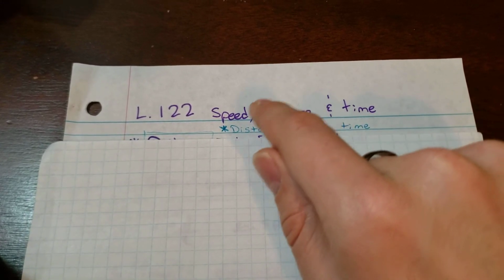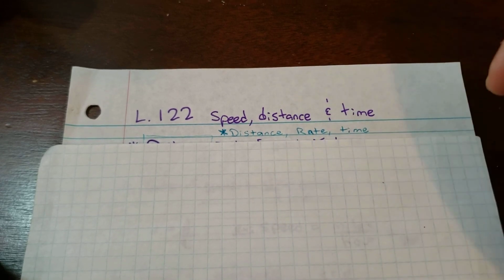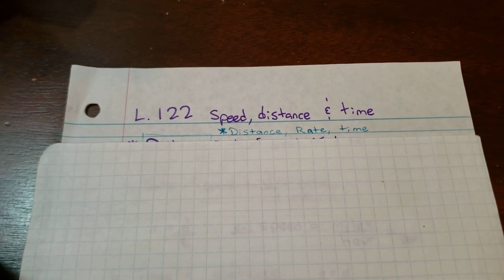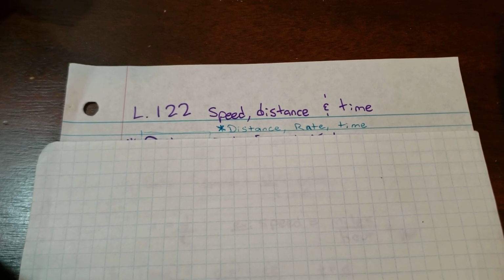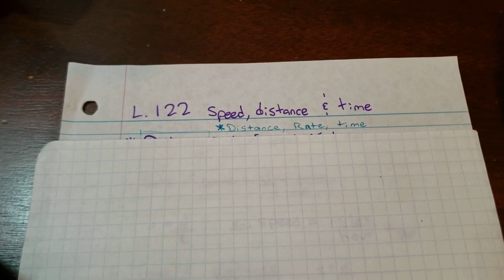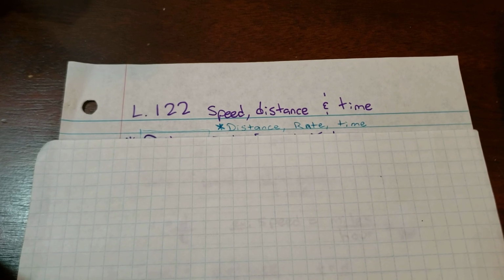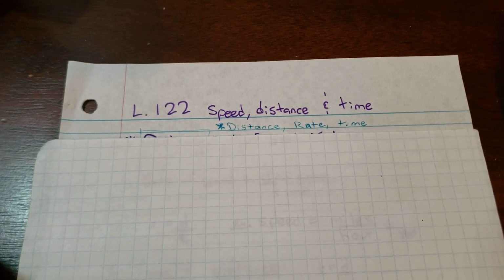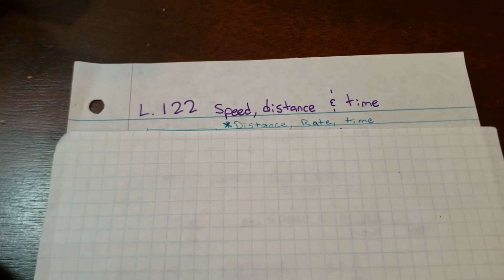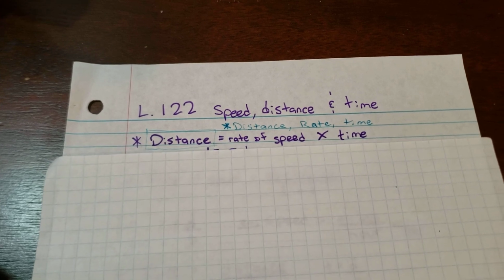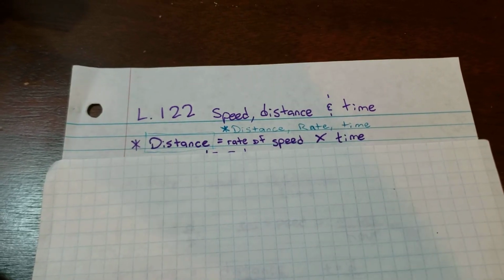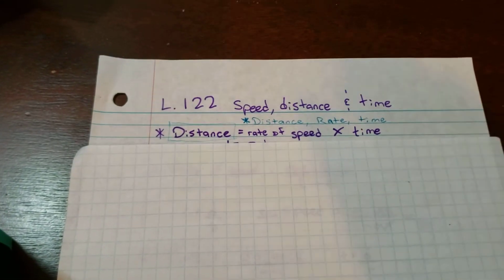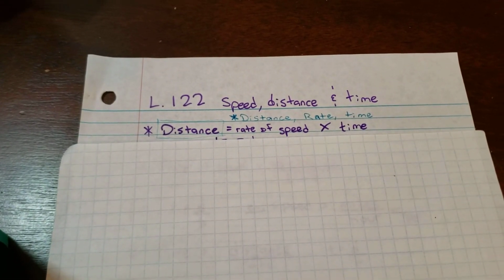Now, we're going to talk about each of these differently, but it's the same kind of home formula, if you will. Then we just multiply or divide differently in order to find what we're looking for. So if we're looking for distance, distance equals our rate of speed times time.